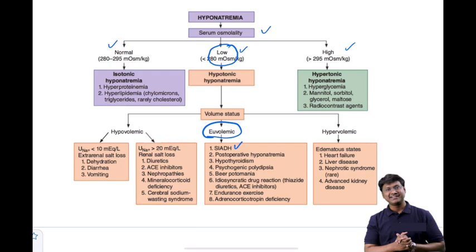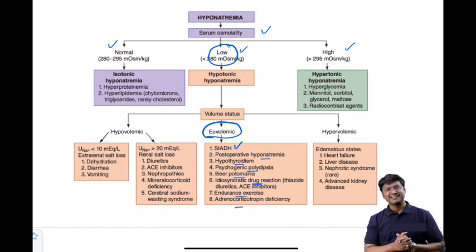What are the differential diagnoses for euvolemic hyponatremia? That includes SIADH, postoperative hyponatremia, hypothyroidism, psychogenic polydipsia, beer potomania, idiosyncratic drug reactions like thiazide diuretics and ACE inhibitors, endurance exercise, and adrenocorticotrophin deficiency.